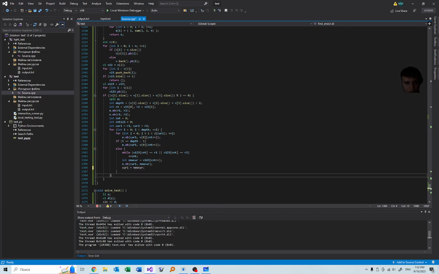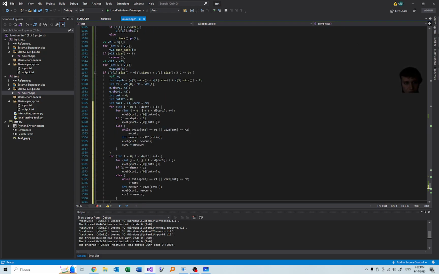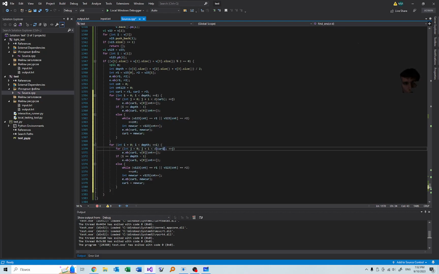And the same goes for the second one. And here should be not cnt, but cnt1 to 3.